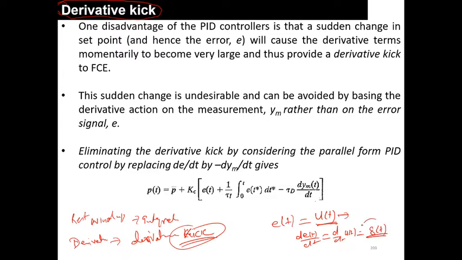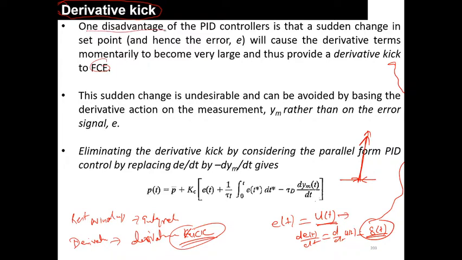Due to the sudden shock, this is the kick type of problem. It provides a sudden shock to the final control element, and it may destroy the final control element. Sudden shock means momentarily we provide a very large value in a very short, almost zero, time, and it may destroy the final control element.